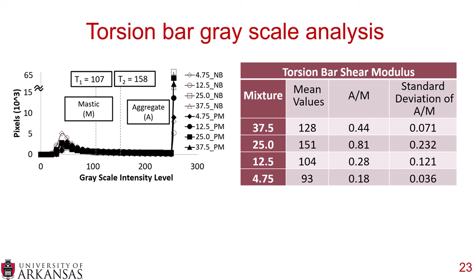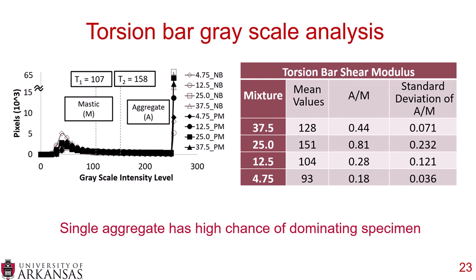But there's also relatively high standard deviations at these values as well. And what we've seen here, we believe, is that a single aggregate really has a high chance of dominating a specimen. So if you're cutting these very small torsion bar samples that are 12.5 by 50 millimeters, and you literally have an entire 37.5 millimeter nominal maximum aggregate size particle within that sample, that single aggregate really, really can dominate your specimen.